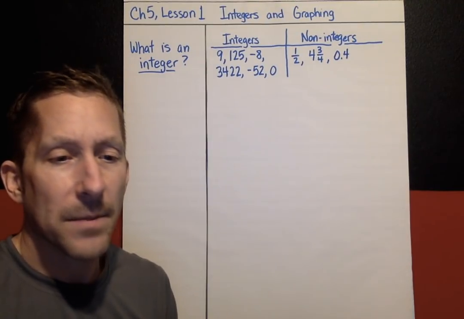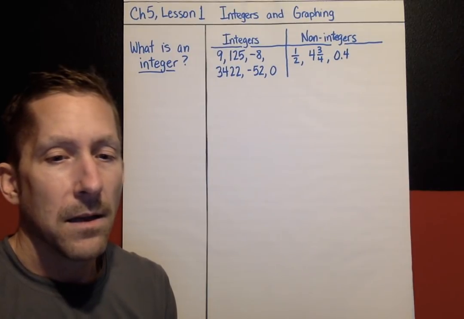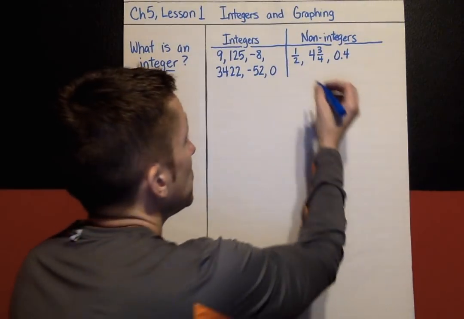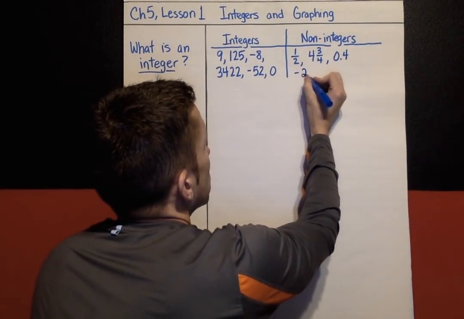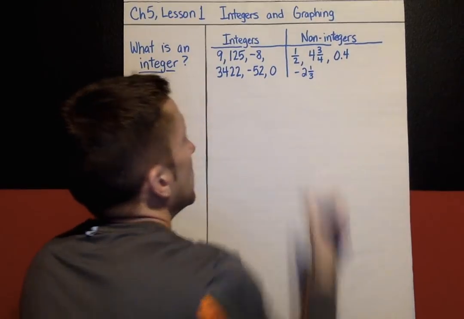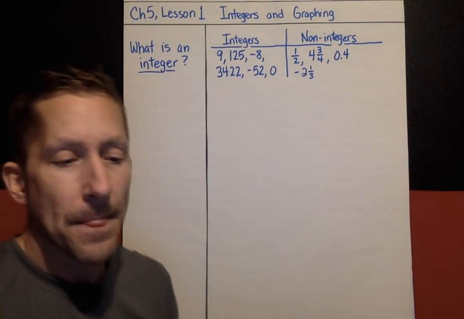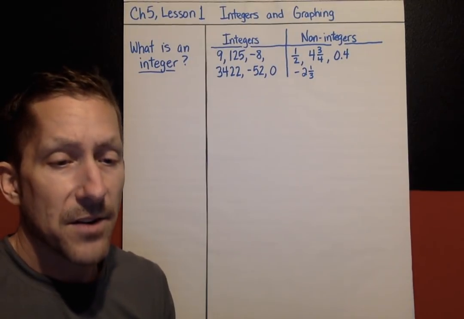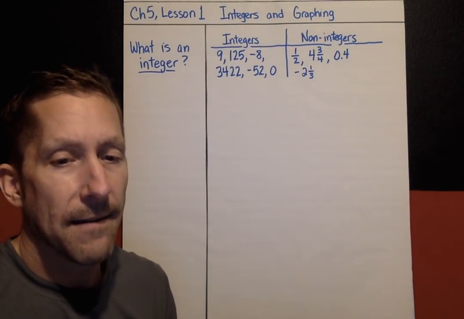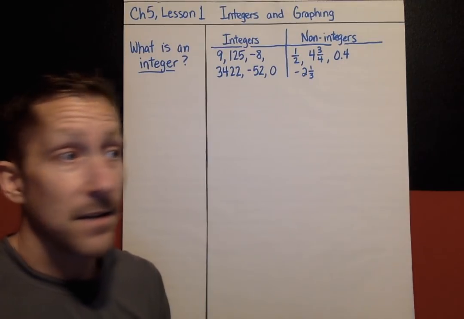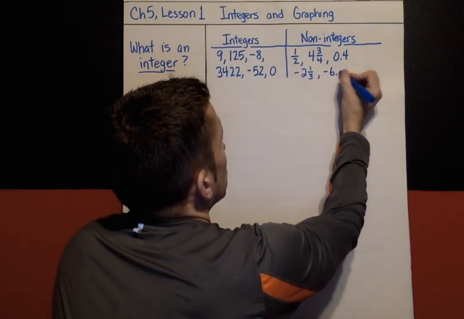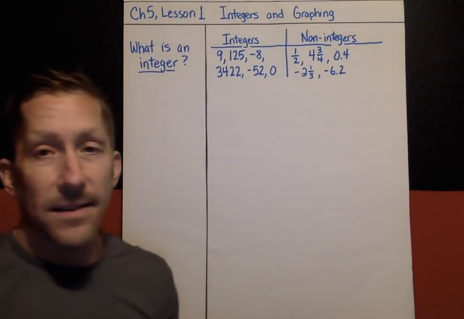Ryan, give me a number, please. Negative 2 1/3, not an integer. Emily, give me another number, please. Negative 6.2 is not an integer.